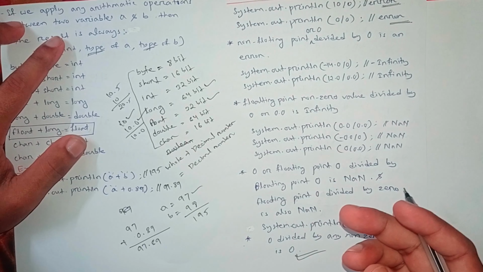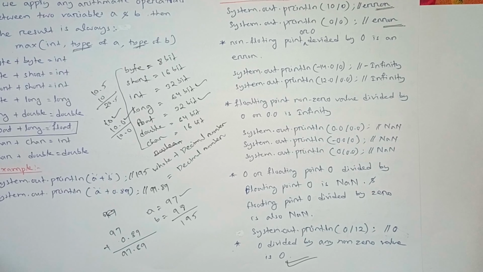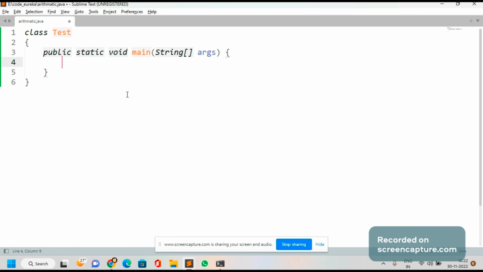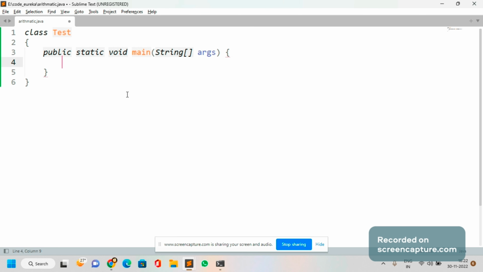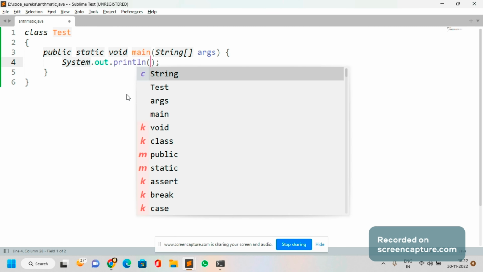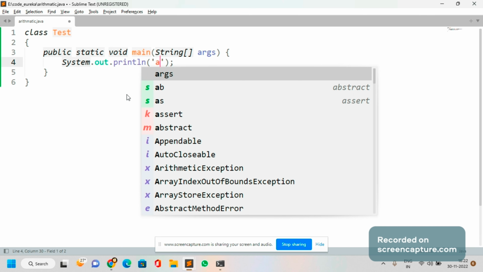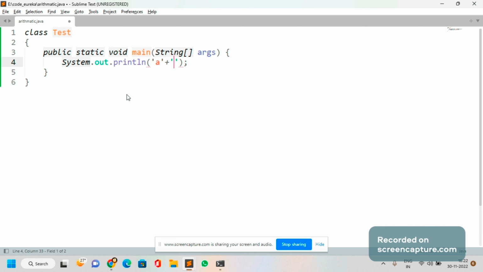Now check it in our system. class Test, public static void main. This is the main method. Inside the body of the main method, we print a plus b. We know the ASCII value of a is 97 plus b is 98, so the output will be 195.